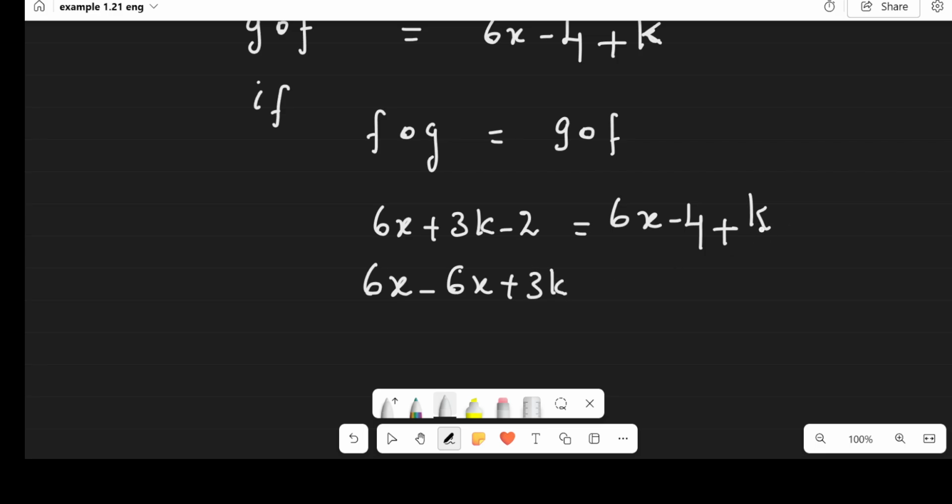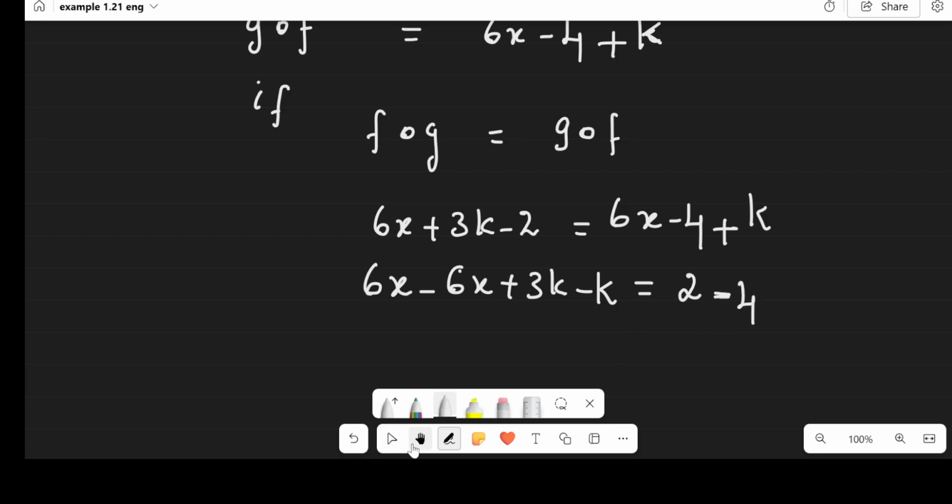Next, this plus k becomes minus k when it comes to left side. And I'm going to take this number right to this side. Minus 2 becomes plus 2. And this minus 4 will be here.